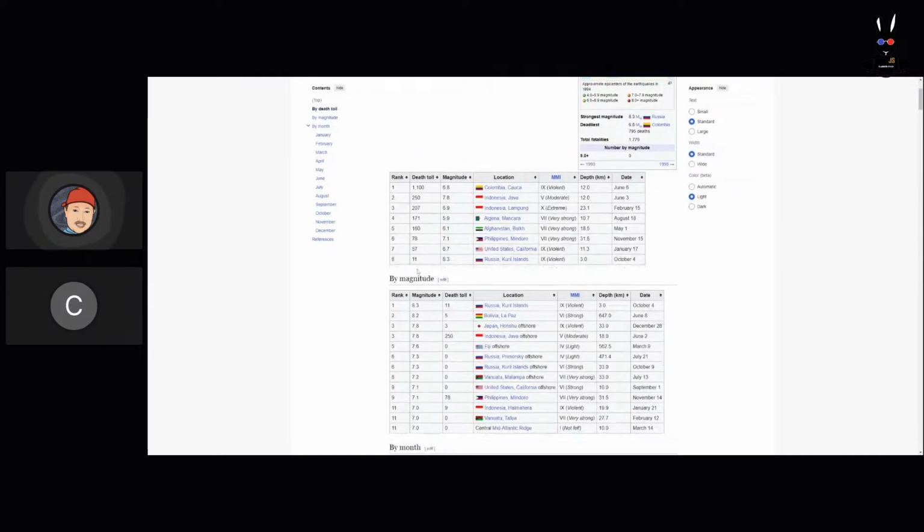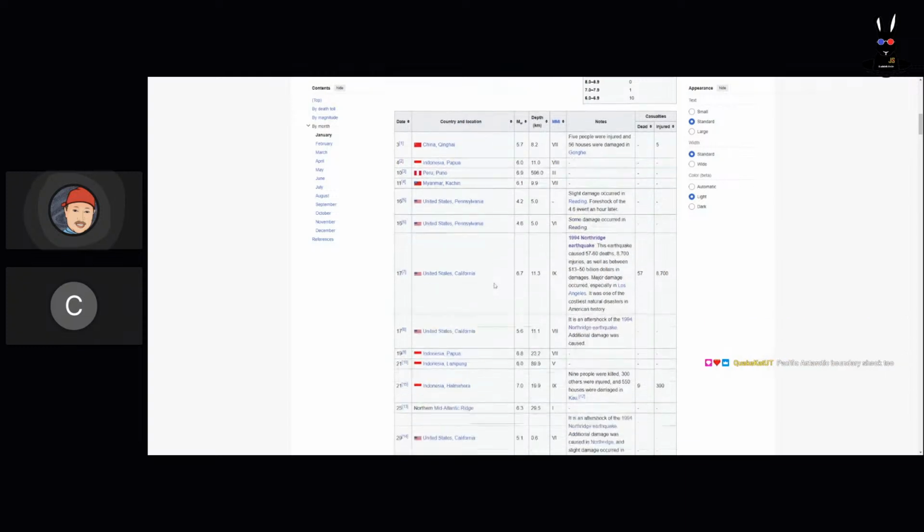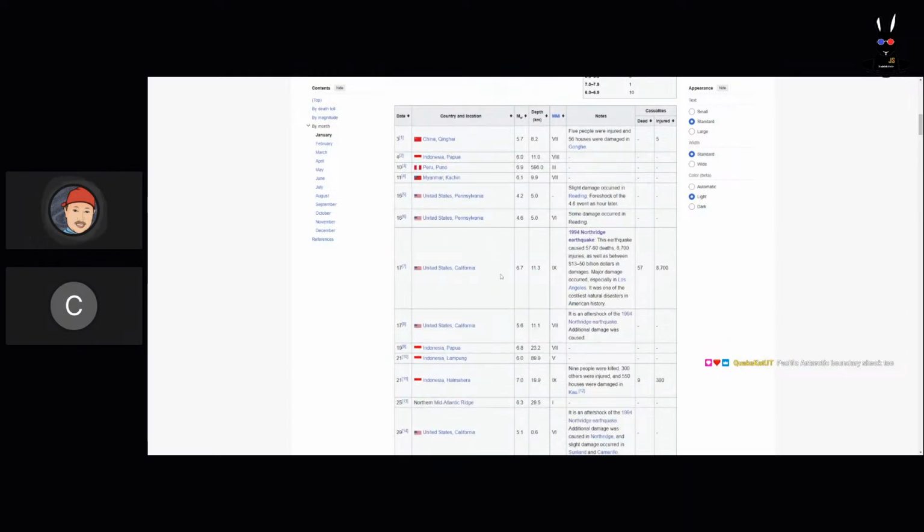94. Peru popped with a 6.9. Pennsylvania 4.2, 4.6. Then the Northridge. The next freaking day. Interesting how Pennsylvania comes in on both quakes.